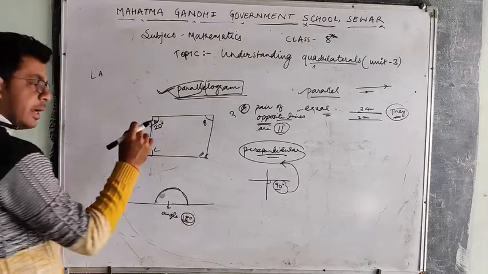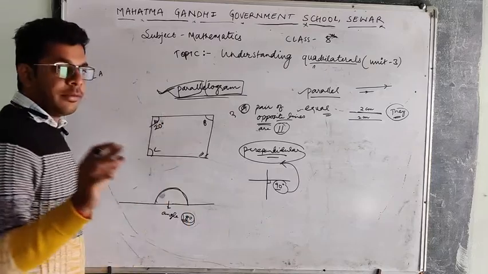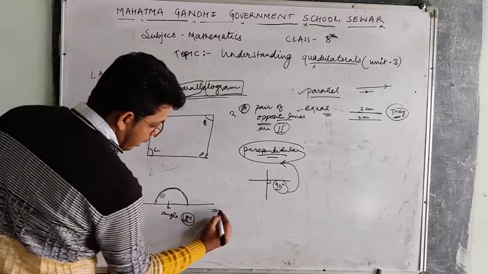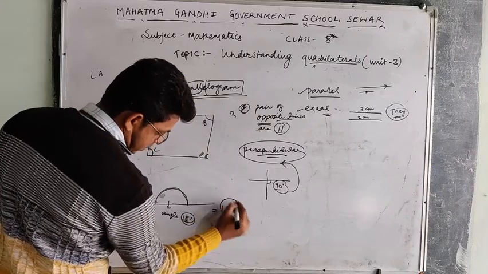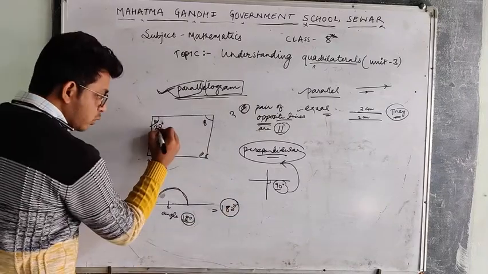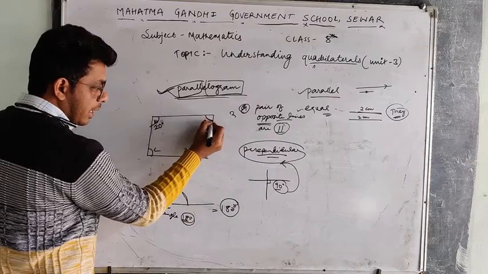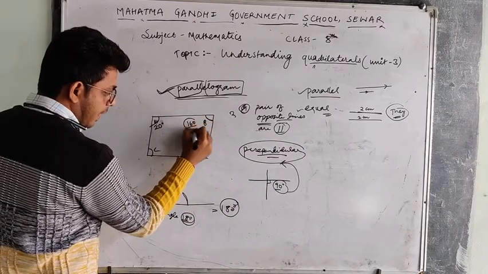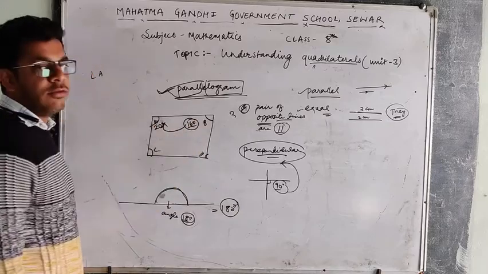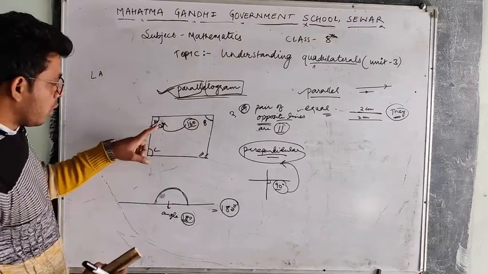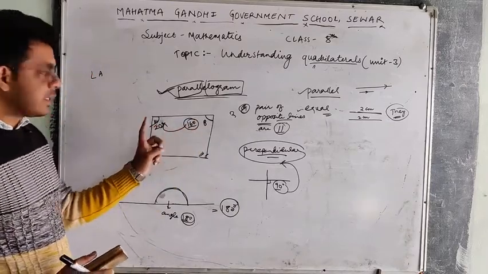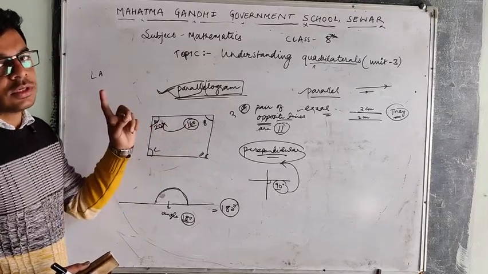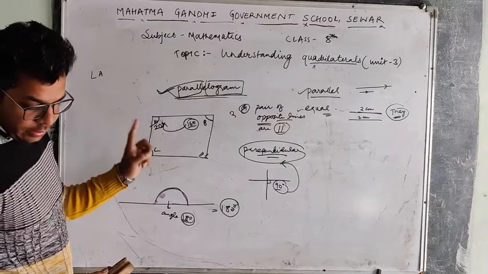So supplementary angles are those which together form an angle of 180. If this is 20, the supplementary angle B will be 160. Then the total will be 180. So adjacent angles of a parallelogram are supplementary angles.